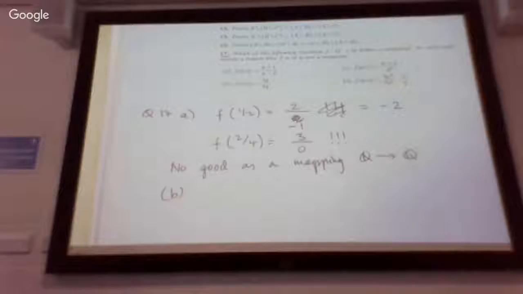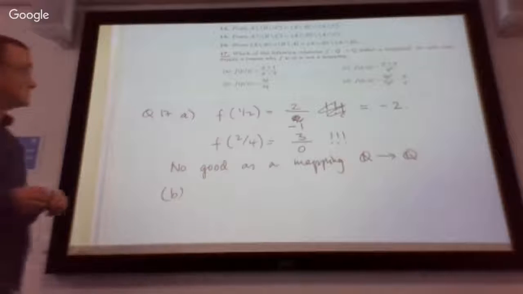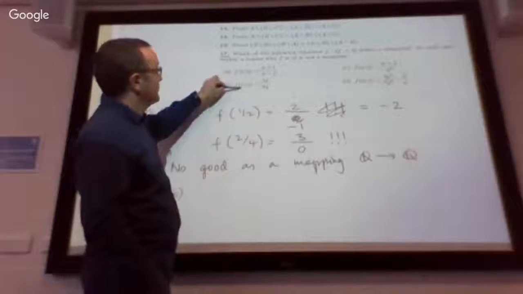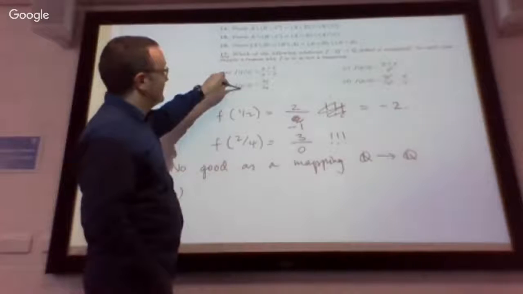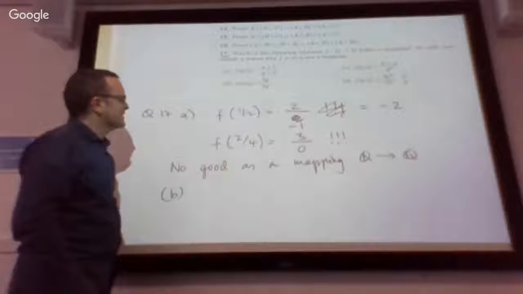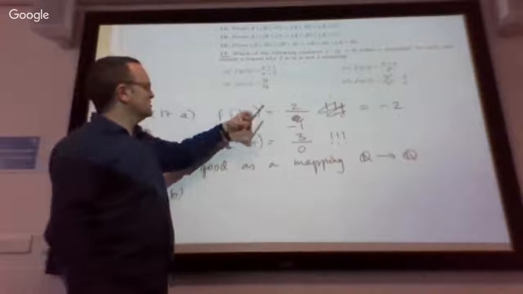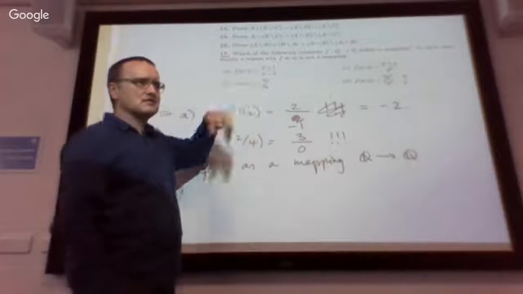Yeah. It looks good as a legitimate mapping. So when you evaluate it at f of a half, 1 over 2, you get 3 over 6. Again, that's a half.